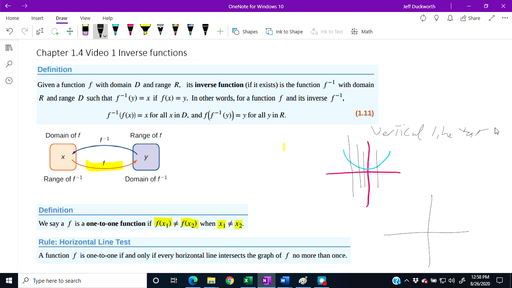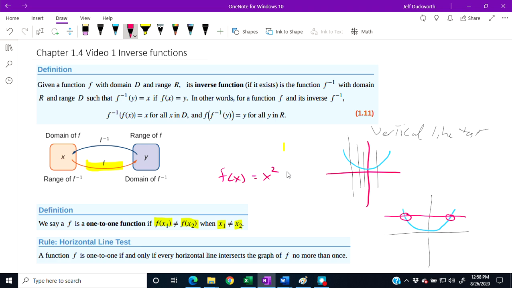Again, that vertical line test is determining whether something is a function, but a horizontal line test, if I had the same function, or reasonable facsimile thereof, you'll note that a given line goes through 2 points. So this parabola is not one-to-one, and just the general function f of x equals x squared.